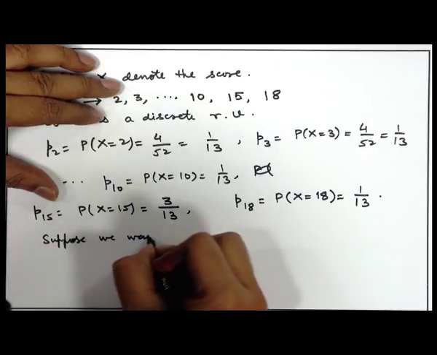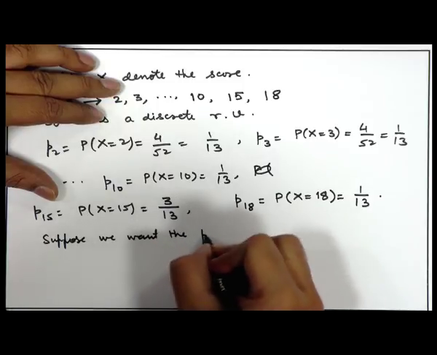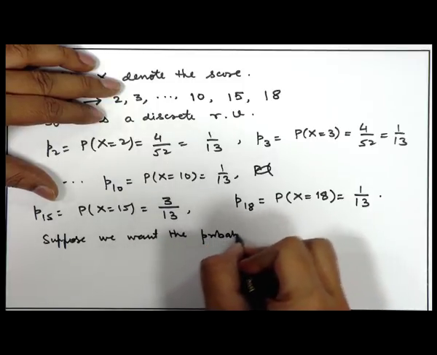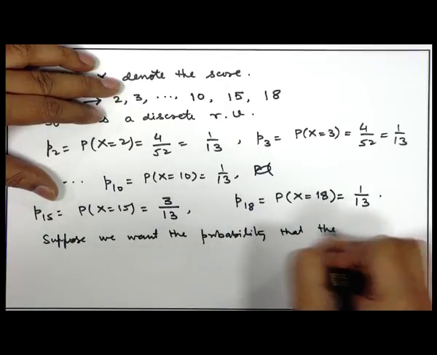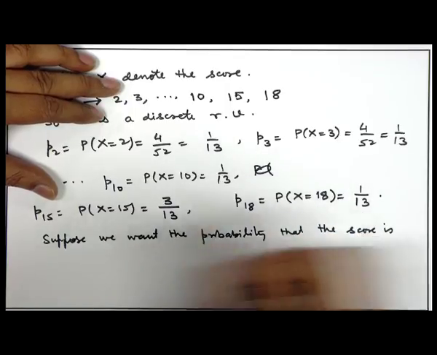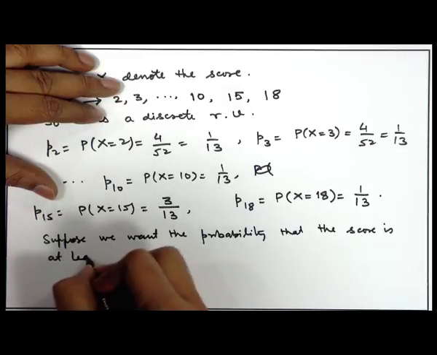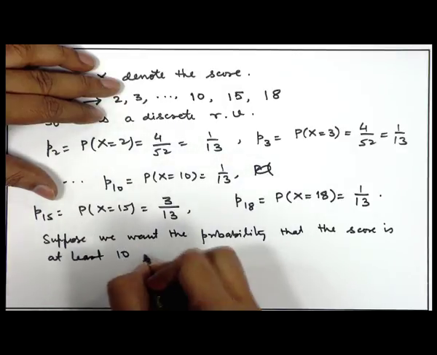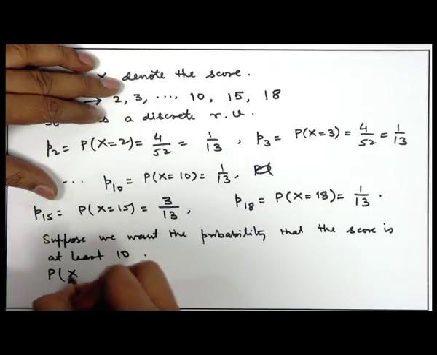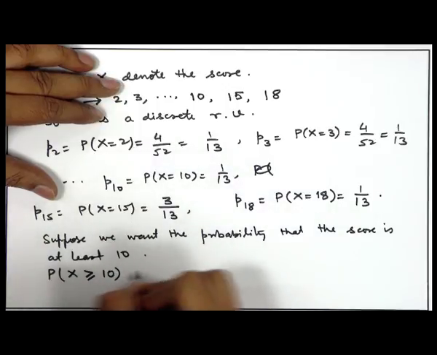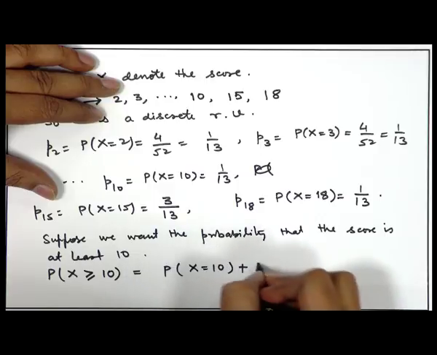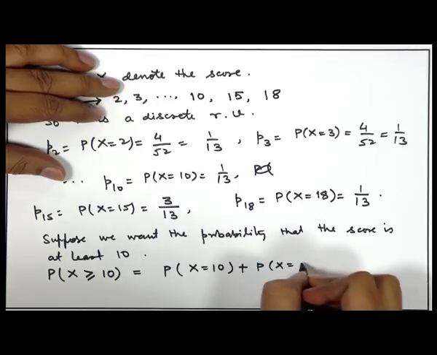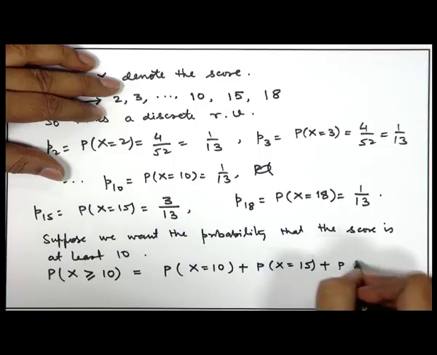We want the probability that the score is at least 10. That means, what is the probability x is greater than or equal to 10? That is equal to probability x is equal to 10 plus probability x equal to 15 plus probability x equal to 18.